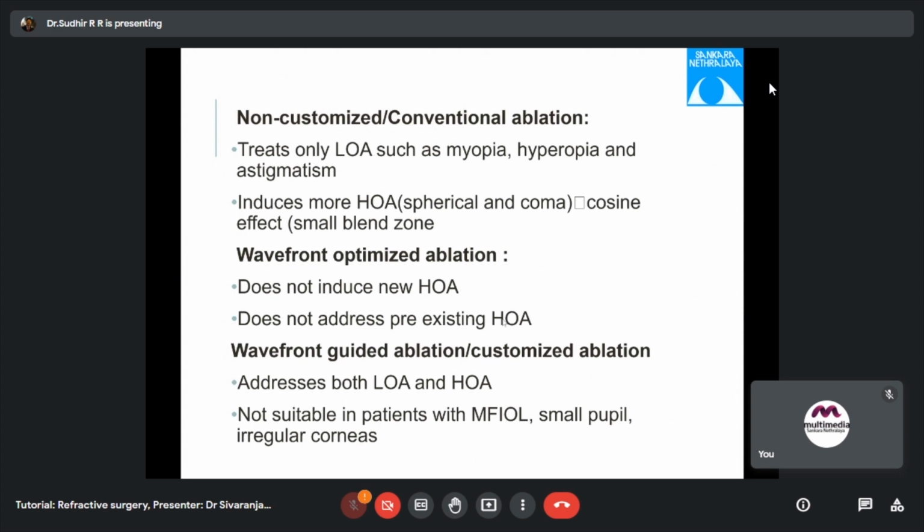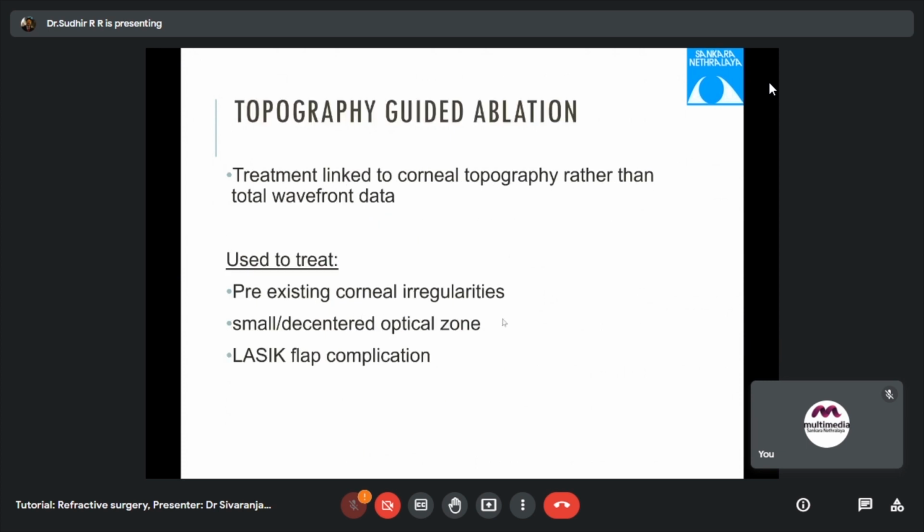Moving on to topography guided ablation. Here, the treatment is linked to the corneal topography rather than the total wavefront data. It is used to treat pre-existing corneal irregularities, small or decentered optical zone, and LASIK flap-related complications. When we use topography related information along with the refractive error, that is called topo-guided treatment. So what is an example of it?